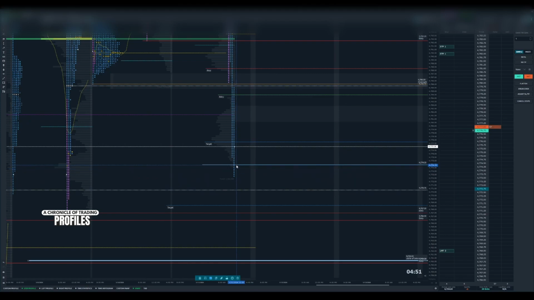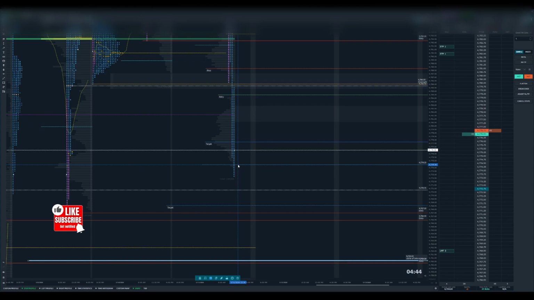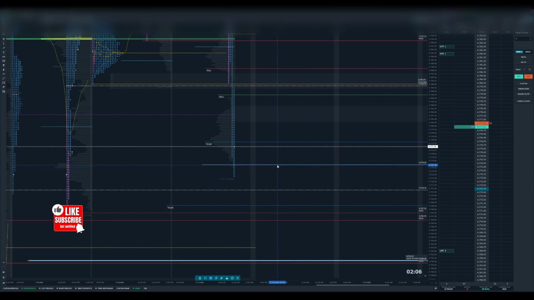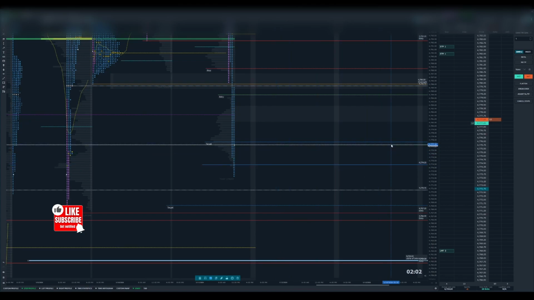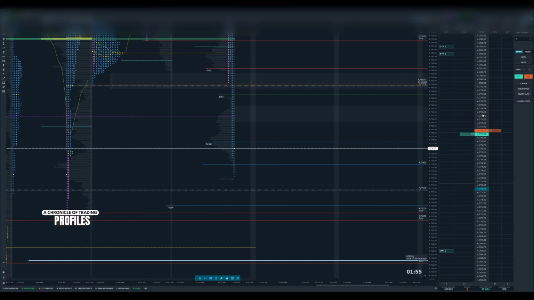See if they're going to look a little lower. I'll take another one there just because it's struggling so hard to get through there.